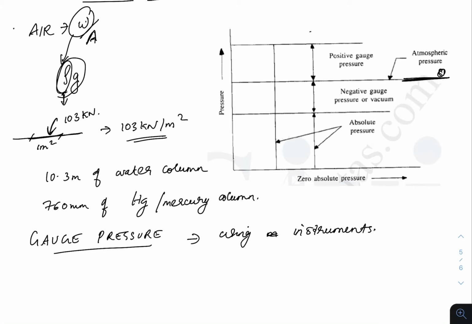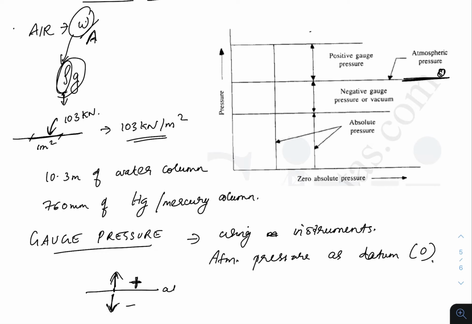So from the zero axis, if we take any value above, that will be positive, and below that will be negative. So the value measured above atmospheric pressure is positive gauge pressure, and the value measured below atmospheric pressure is negative gauge pressure, or we call it vacuum pressure.